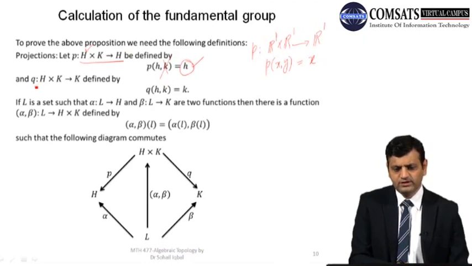Similarly, we can define another projection onto the second component. So this Q of (x, y) is going to be equal to y.